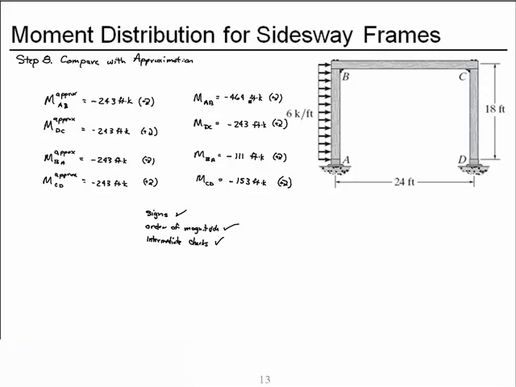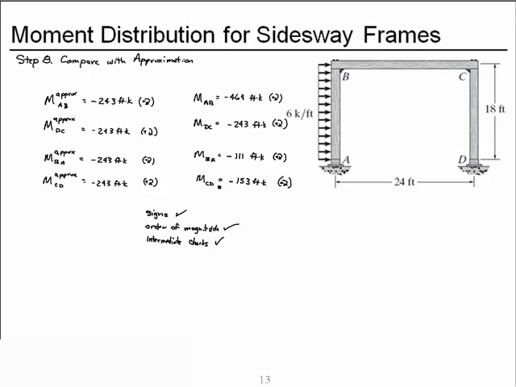And in this case, our prediction for the reaction was low. The prediction at the top of the column was high. So that is consistent with inflection point not being at the mid-height of the column like we thought. The other assumption we made was that all of this distributed load really just breaks up into 2-point loads equally. And that's not exactly true either.